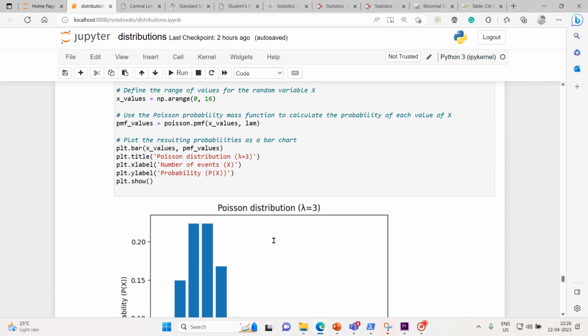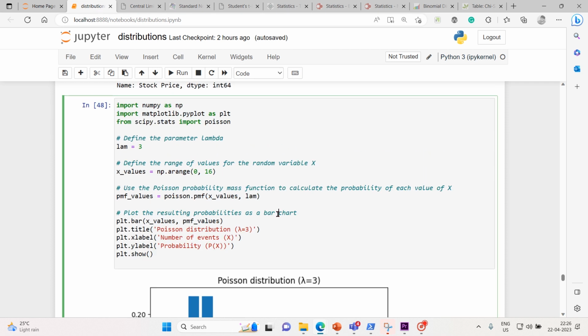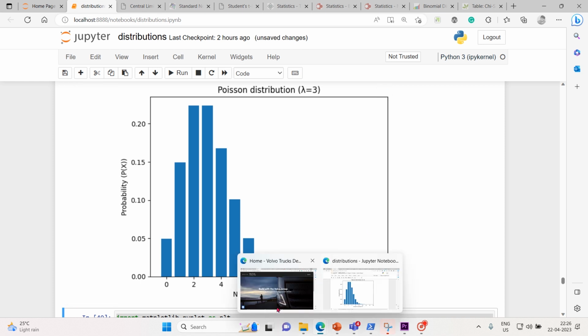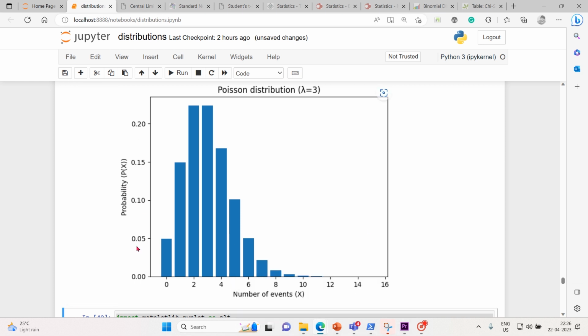And this is another similar example. Here also you can see a similar kind of result. Here the number of events is taken on the x-axis, and the probability of these events happening is on the y-axis.